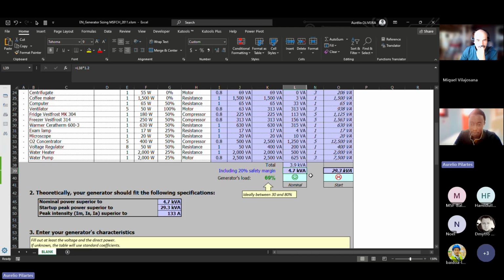The generator will run more smoothly when it is around 60 to 80%. Between 60 and 80% is the best load ratio for your generator. It can even run lower, down to 30%, even though it's not the optimum range, but it will not be as harmful as being below 30 or above 80%.